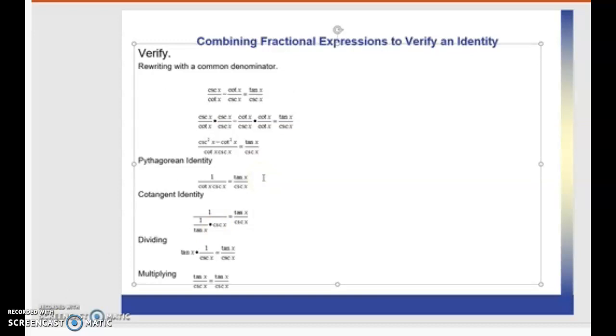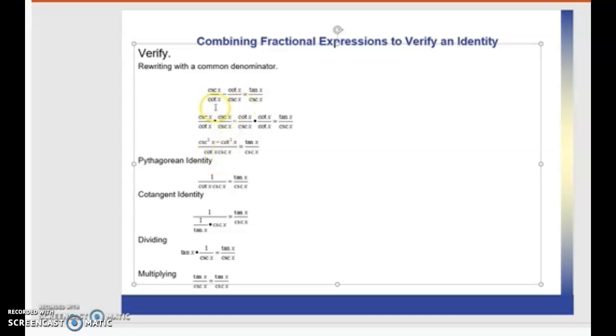Here's the final example so that you will have one of each type. There are more examples in section 6.2 in your textbook, and these types of problems just require practice. You will receive practice through your homework exercise. Here you're given two separate fractions. You have to get a common denominator and write it as one fraction.